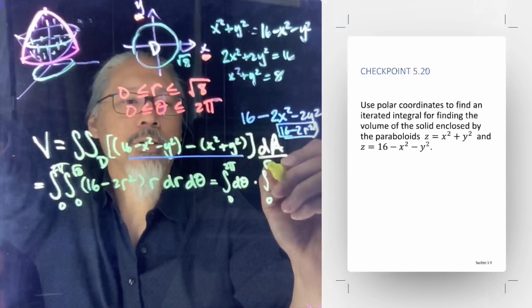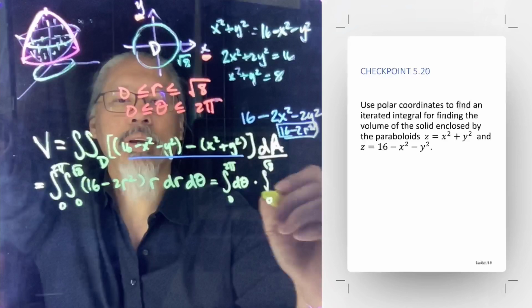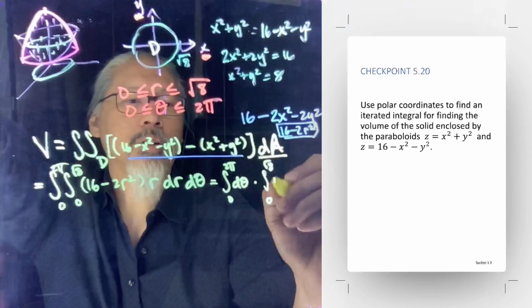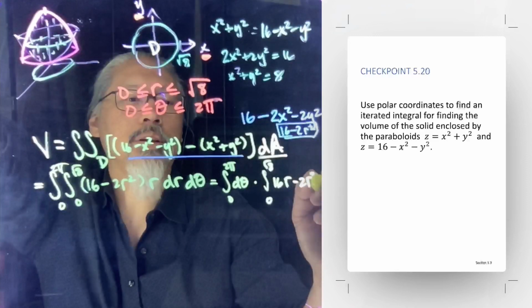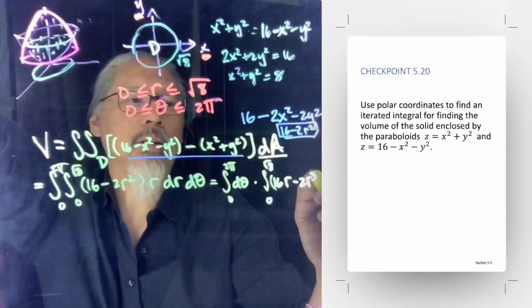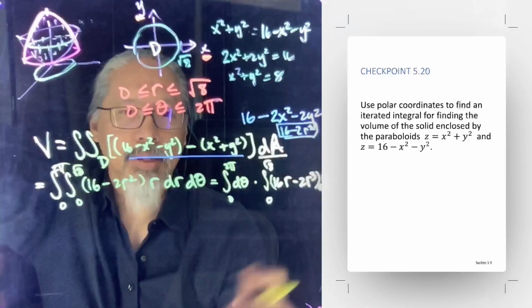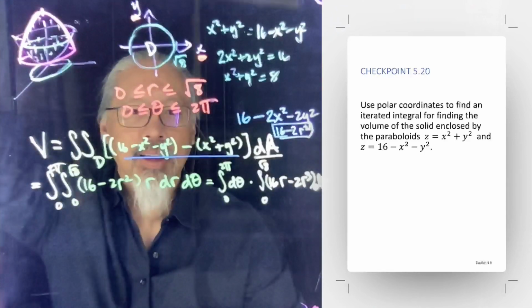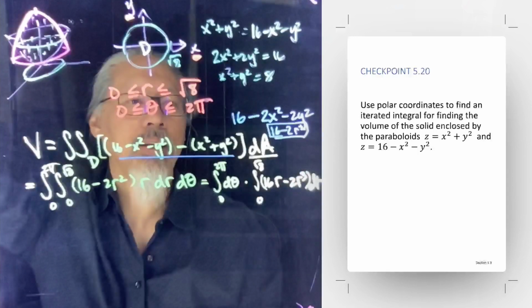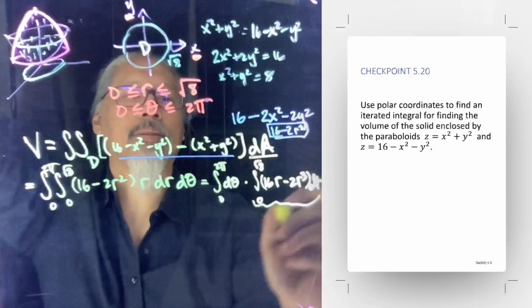R goes from 0 to square root of 8. This time we'll distribute: we get 16r minus 2r cubed dr. And then we just figure this out.